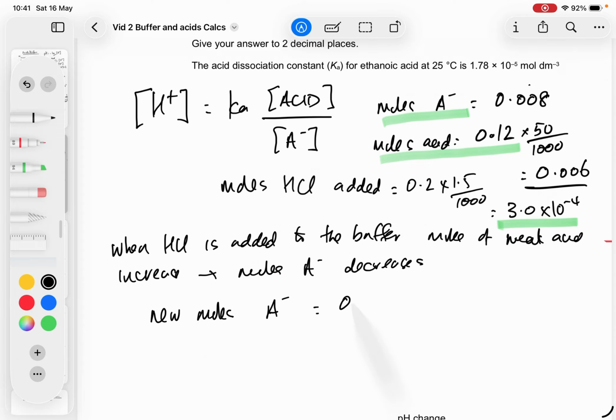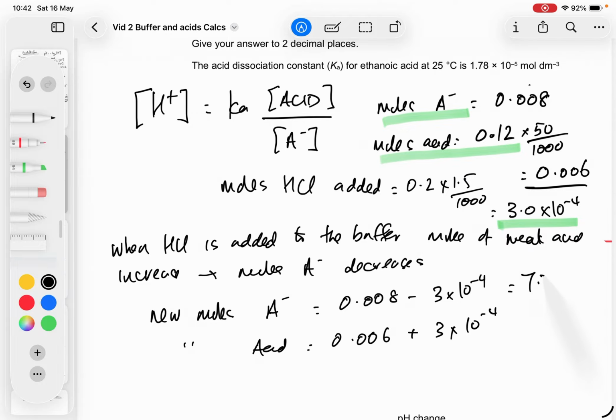New moles of A- is 0.008 minus 3 times 10 to the minus 4, and new moles of acid is 0.006 add 3 times 10 to the minus 4. The buffer is maintaining the pH. So 0.008 minus 3 times 10 to the minus 4 equals 7.7 times 10 to the minus 3, and 0.006 add 3 times 10 to the minus 4 equals 6.3 times 10 to the minus 3.